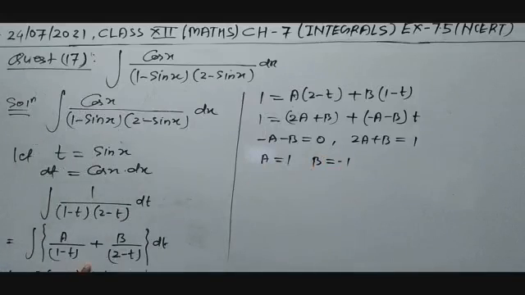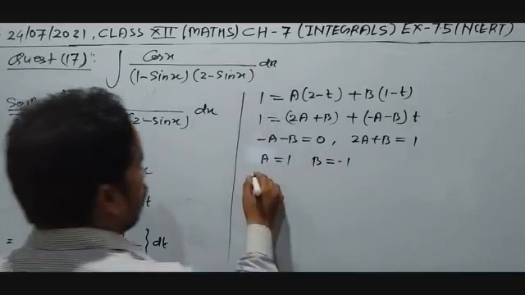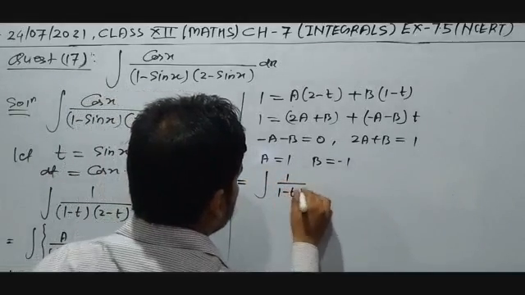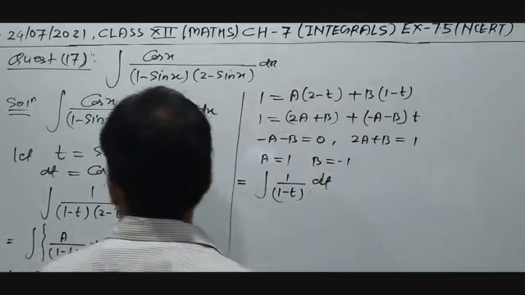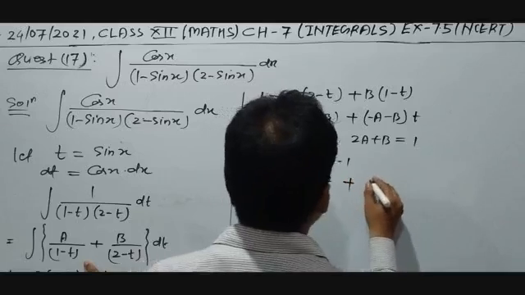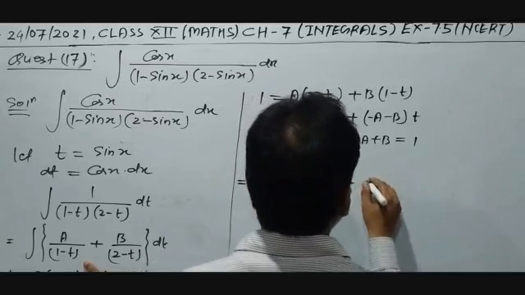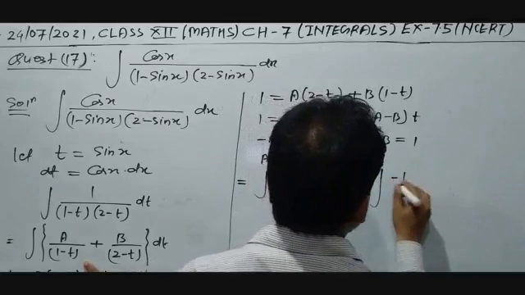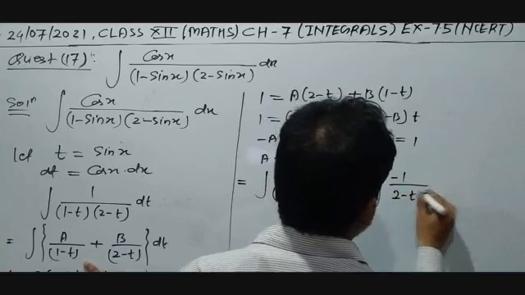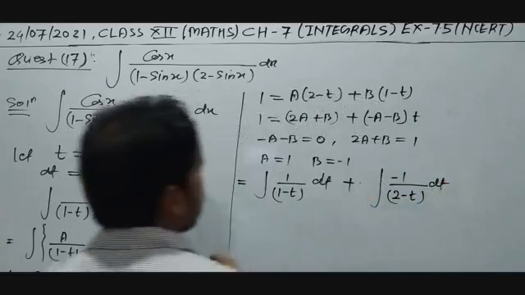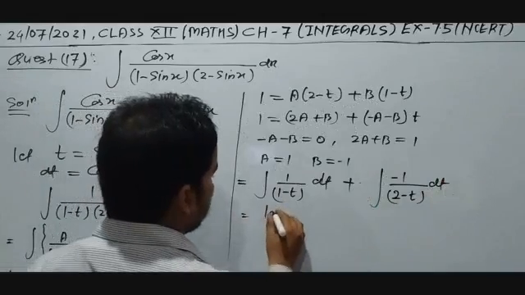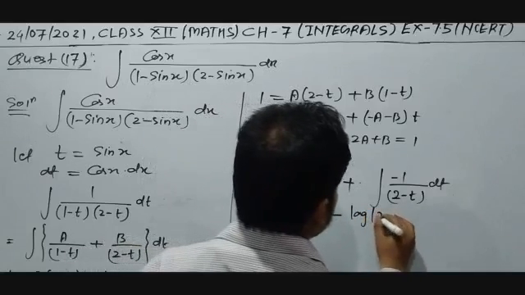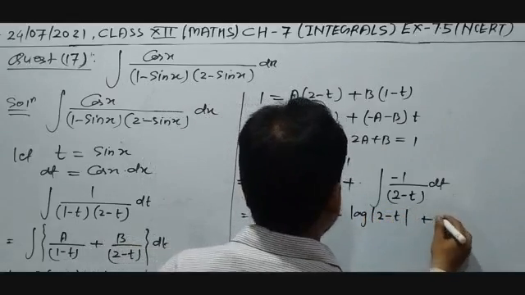So this integral we can write as 1 upon 1 minus t dt plus b, whose result is minus 1, so minus 1 upon 2 minus t dt. Now its answer is log of mod of 1 minus t minus log of mod of 2 minus t, plus c.